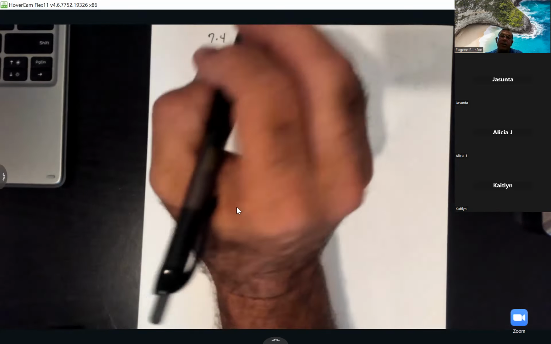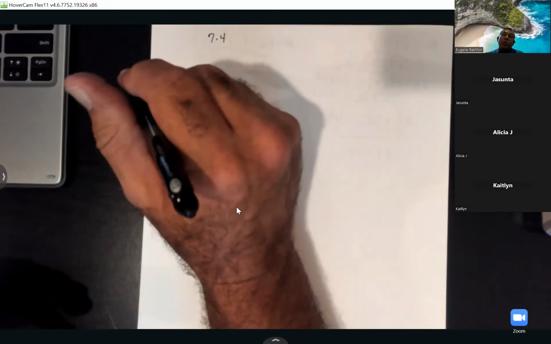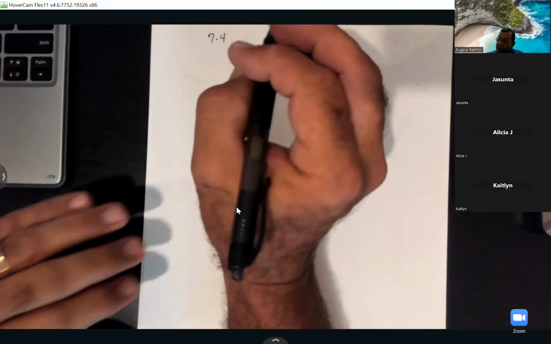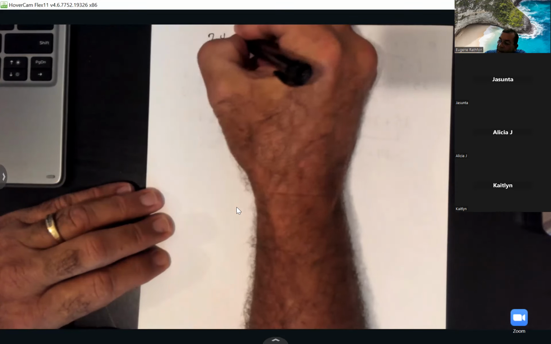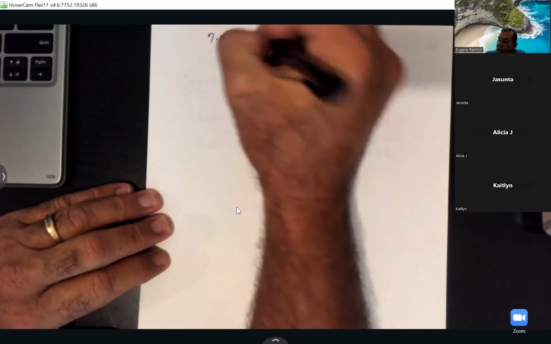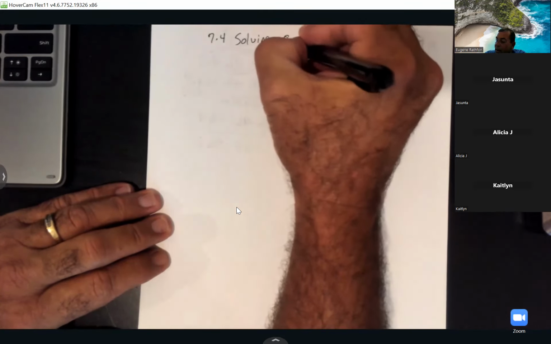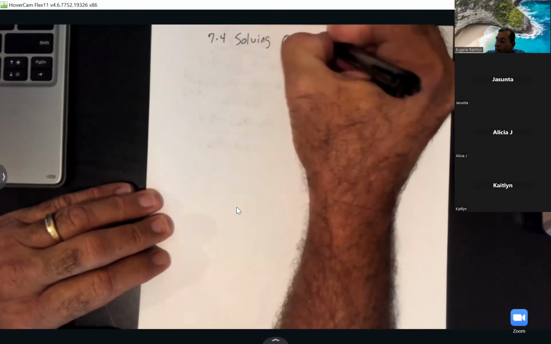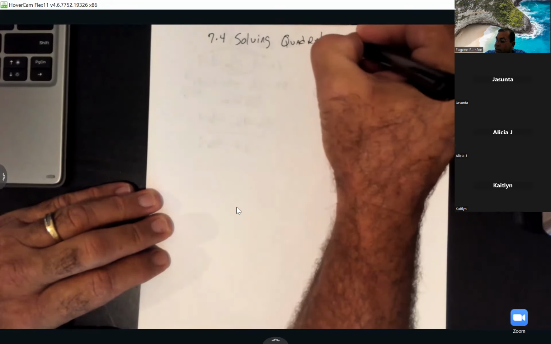And 7.4 is a continuation on when we were solving quadratic equations back in chapter 5, when we were solving them by factoring and stuff. So this is going to give us more ways to solve quadratic equations.